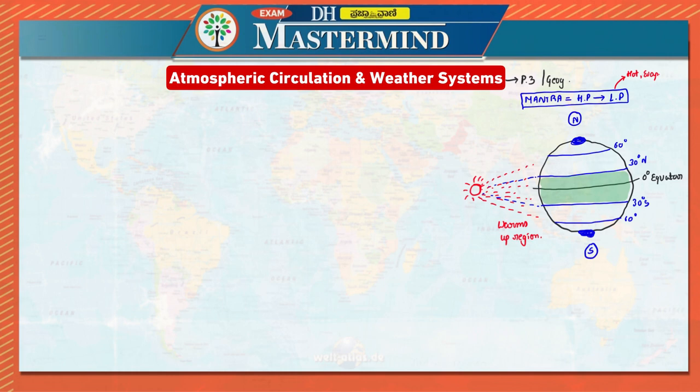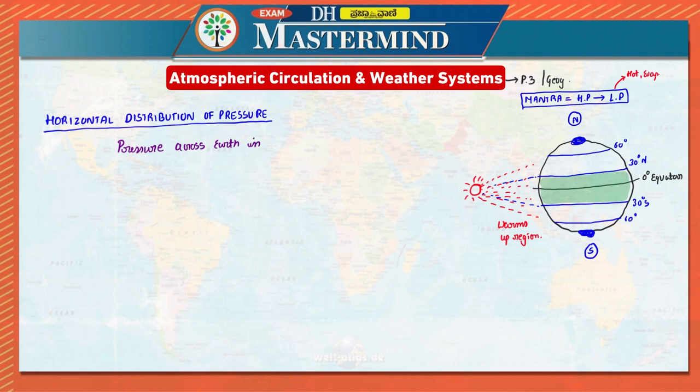Now let us start with the horizontal distribution of pressure. What exactly is it? In simple words, it means how the pressure is distributed across the earth in the horizontal plane.